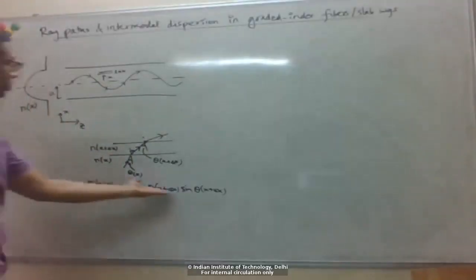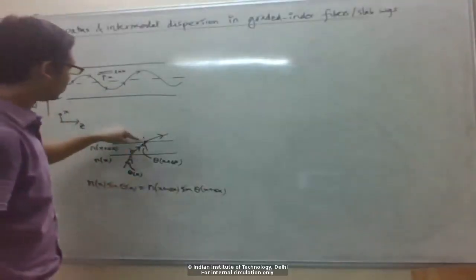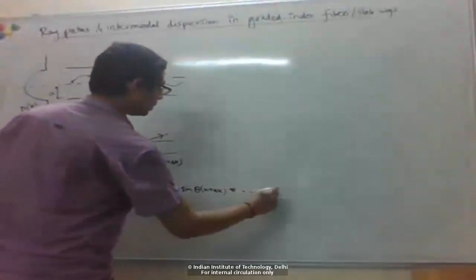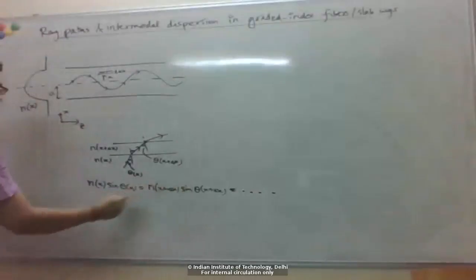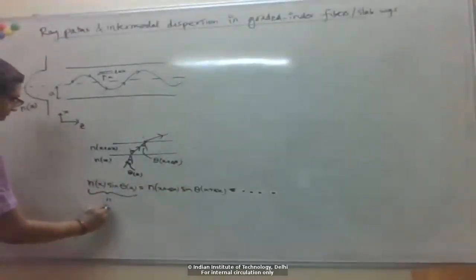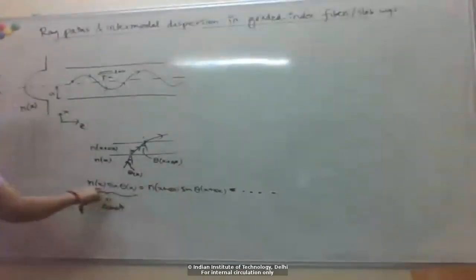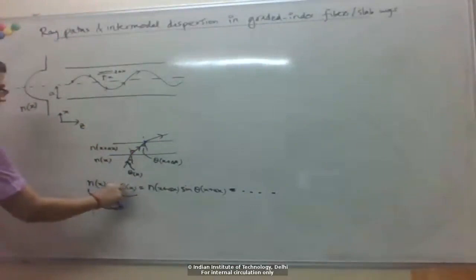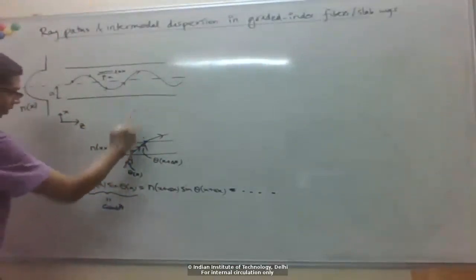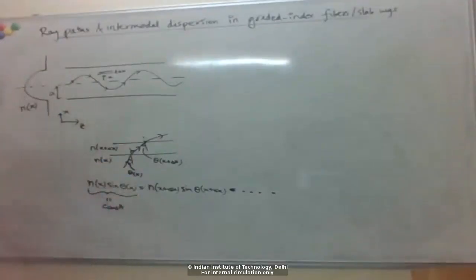So this holds for the next layer, next layer, next layer. What it means is that for any x, this quantity is a constant. I can change x, but n at that place times the sine of this angle with respect to the vertical will be a constant, irrespective of where I am.